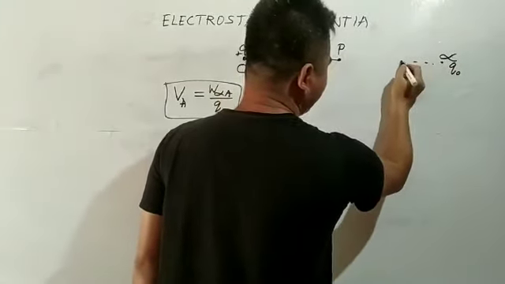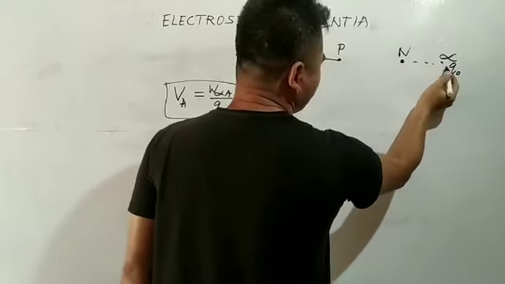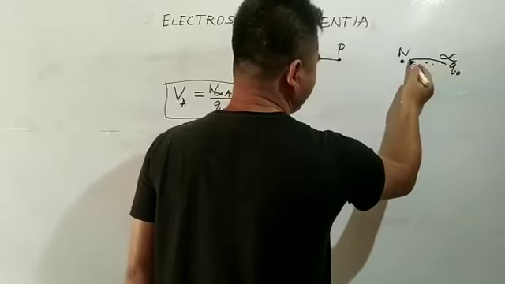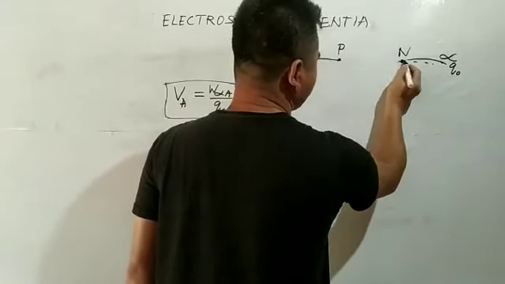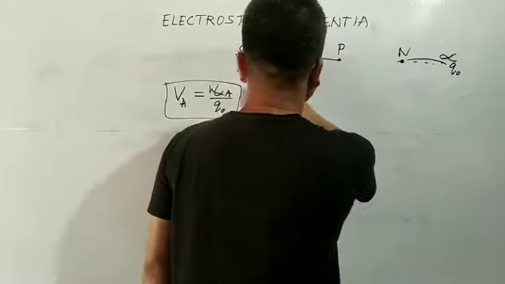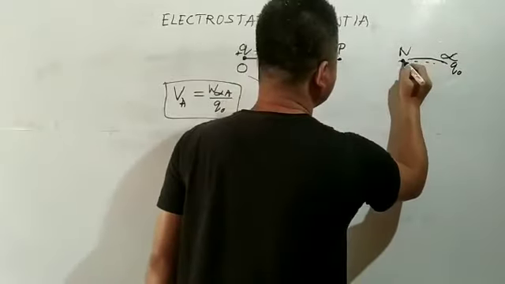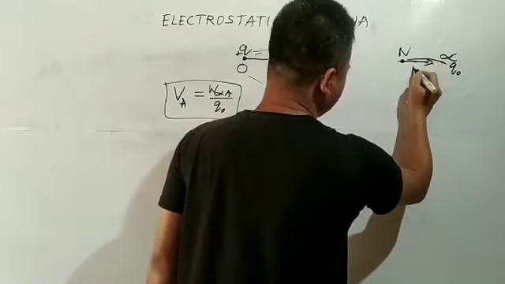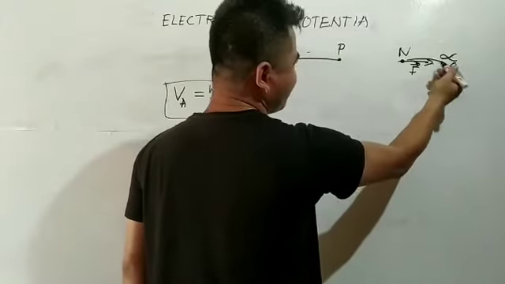Let's take any point N. We bring this charge here, and due to this positive charge, the force will be in this direction. We have to bring this charge against this force.